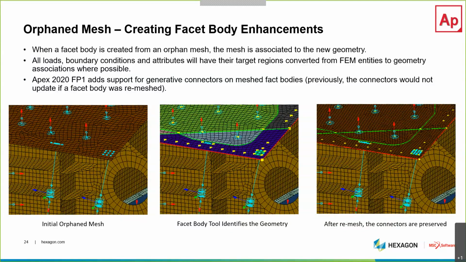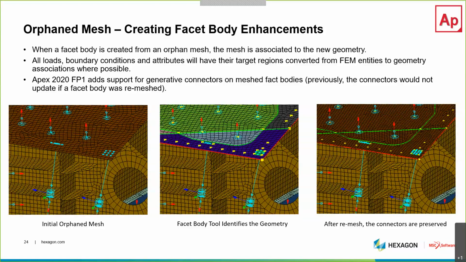But up until Apex 2020, we did not have the ability to carry over connectors if you used that facet body to recreate the geometry. And why would you recreate the geometry? Probably because you want to remesh something, or as part of your process, you wanted to change something. Well, if you made that change, your fasteners would get blown away. They would not update along with everything else.